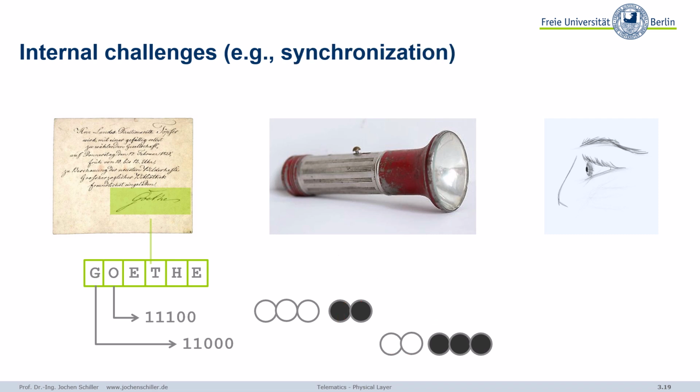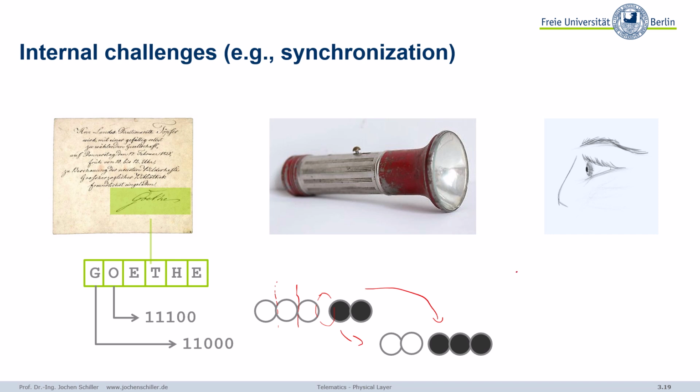What else can happen? Well, maybe due to many effects, and I will show you some, your synchronization will be challenged. So you see some of these bits will be closer to each other, the gap might be wider, etc. So there can be very strange effects.